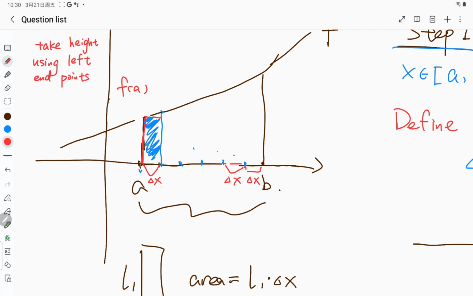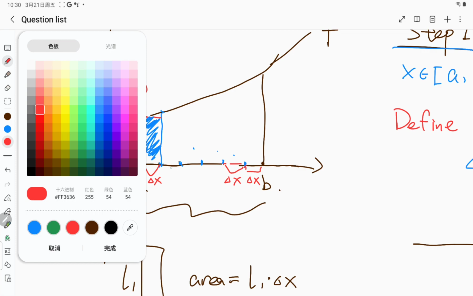When you get a problem on Riemann integral or Riemann sum, it will specifically ask you to use the left point or the right point of the interval to calculate the Riemann sum. So the first example I'm going to give is taking the height using the left endpoints.